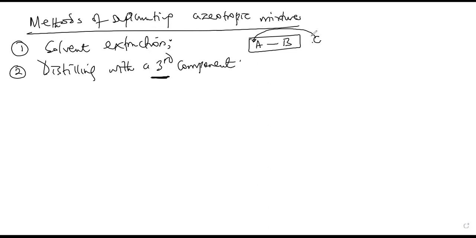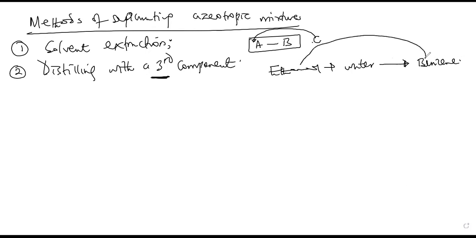Here is the case of an azeotropic mixture of ethanol and water being separated by addition of benzene, where benzene and ethanol will form an ideal solution, and benzene will be immiscible with water. So you can use a separating funnel to separate the mixture. So that is distilling with the third component.